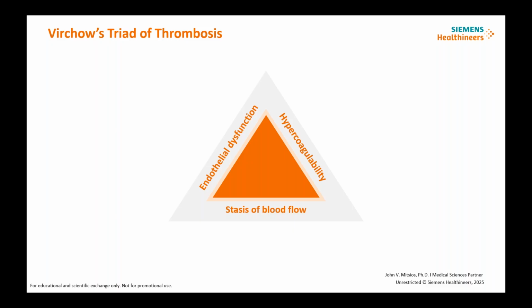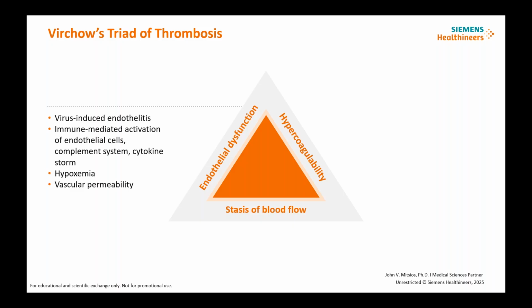When we think of endothelial dysfunction, we really think about anything that would disrupt the endothelial layer. For example, a virus-induced endotheliitis, or some type of immune-mediated activation of the endothelial cells, either via the complement system or even through a cytokine storm, as we saw in the COVID-19 associated coagulopathy in patients who had COVID-19.